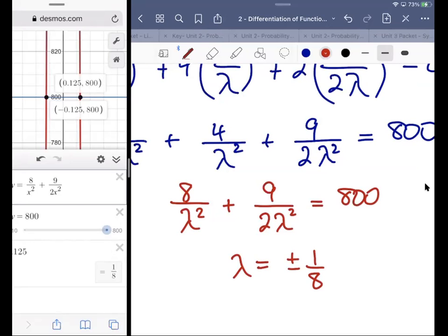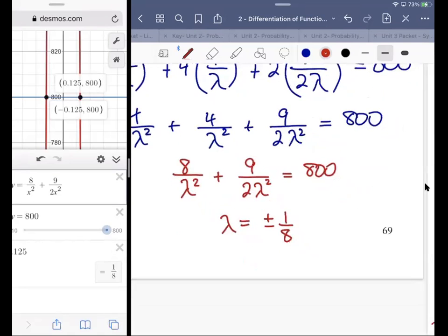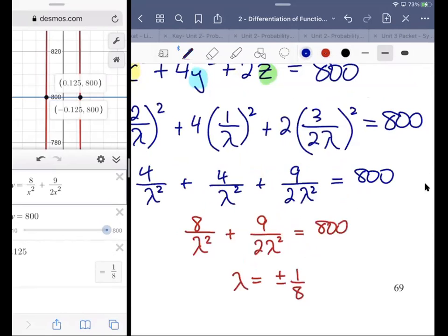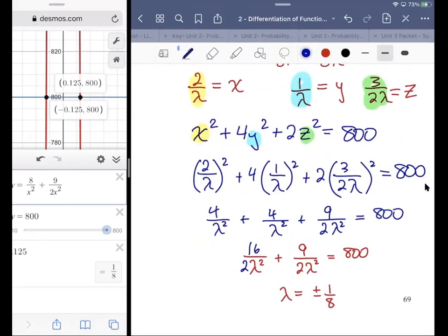All right, but like I said, the algebra here is not difficult because I would just get a common denominator, so top and bottom by 2. So this would be 16 over 2, which would correspond to 25 over 2 lambda squared, is equal to 800.